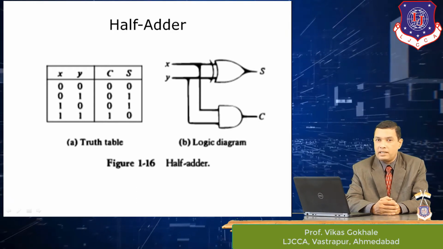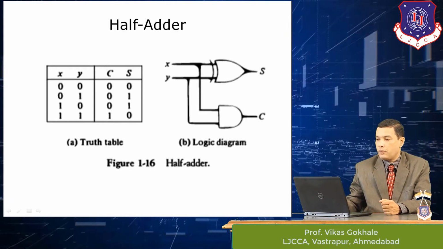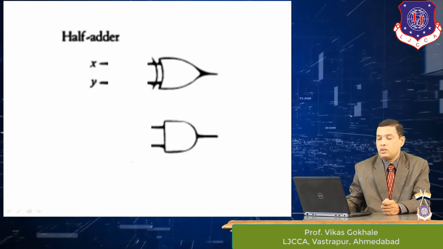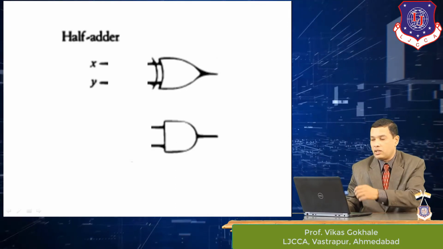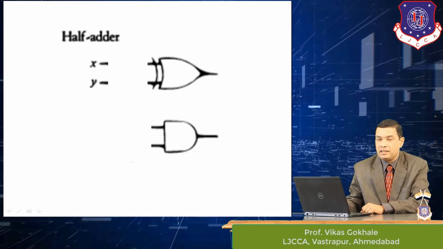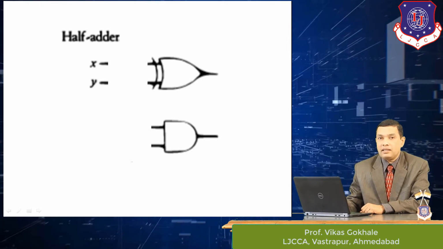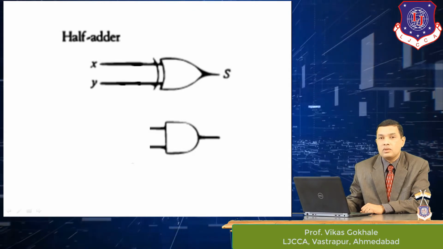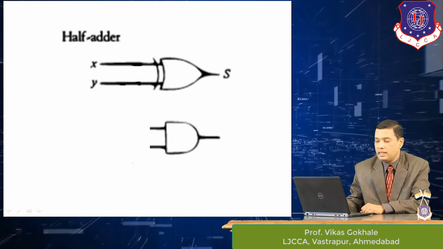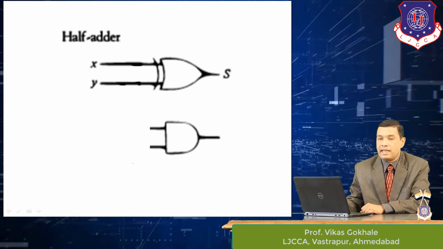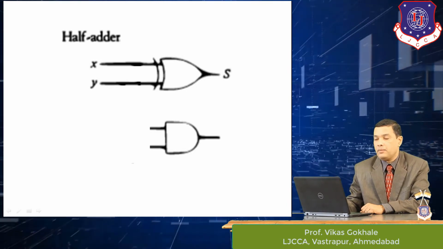Let us draw it now. It's very easy to draw. First of all, we have to draw an XOR gate and an AND gate, as well as two input lines x and y. Connect the input lines to the XOR gate first to indicate sum. So sum is the exclusive OR of x and y.